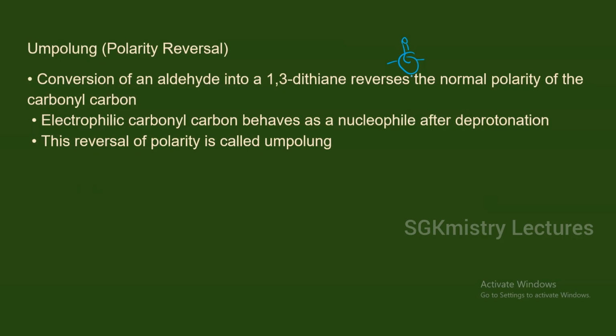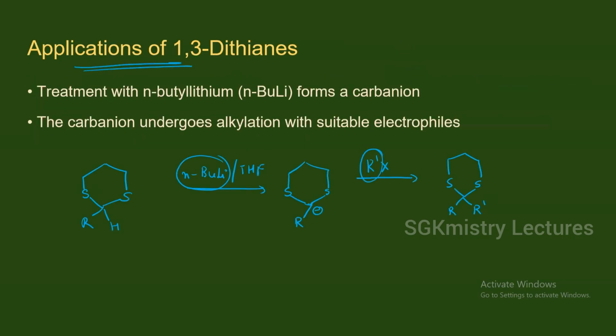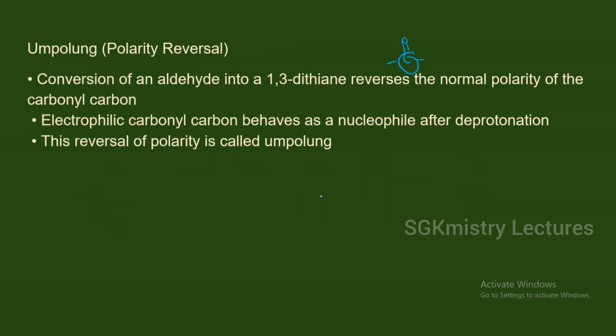So it is behaving as a nucleophile now. You can see that easily here: the R' is coming and attaching to this particular carbon, which was electrophilic in nature. Now, because it is treated with the 1,3-dithiane, it has become nucleophilic and the R' comes and attaches there. So you change or reverse the polarity of the carbon. This reversal of polarity is called umpolung.